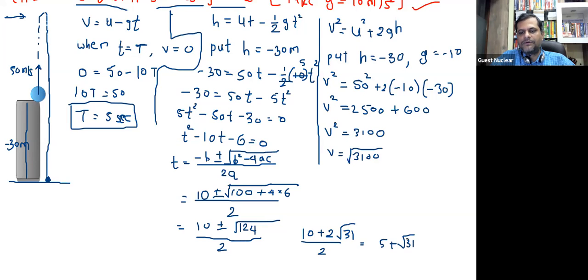And root 31 can be found out by using some log calculations or using log table or calculator. So this will be the time required by the body to reach the ground.